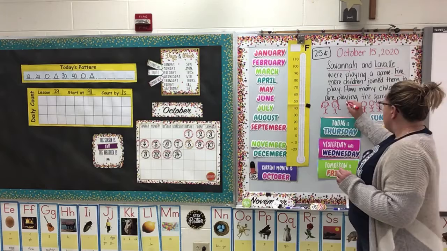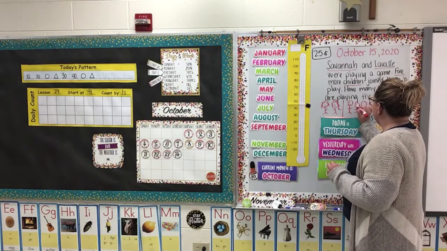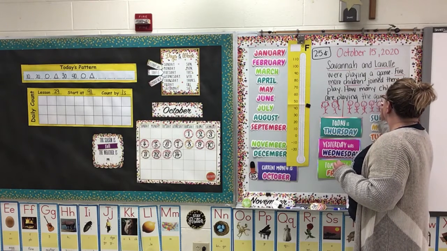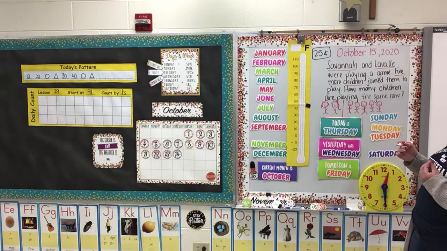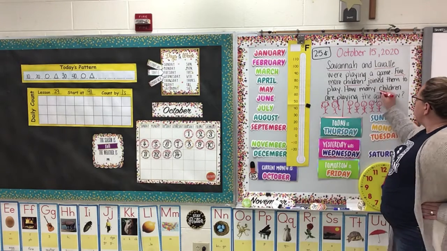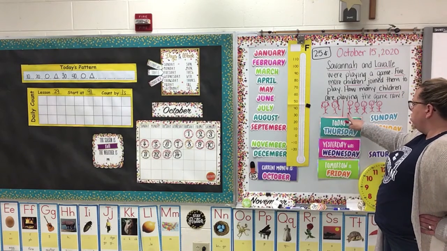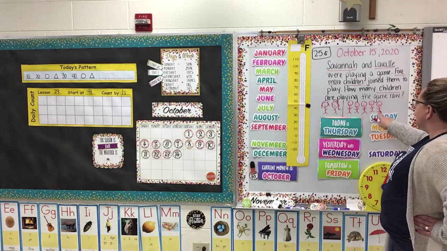Okay? So we started with the 2, and then 5 more kids came to play. How many total kids are playing the game? Okay? How many children are playing the game now? 1, 2, 3, 4, 5, 6, 7.